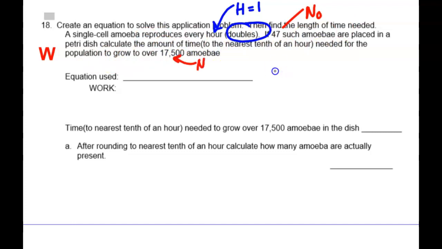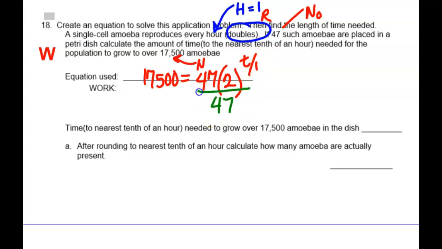What's R? R is that it doubles, okay? So we want to get to 17,500. We started with 47. They are doubling every t over 1 because it says 1 hour. If this was a 5 or something every 5 hours, you'd have t over 5.